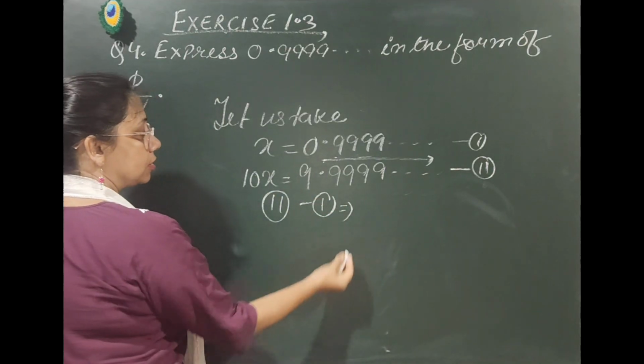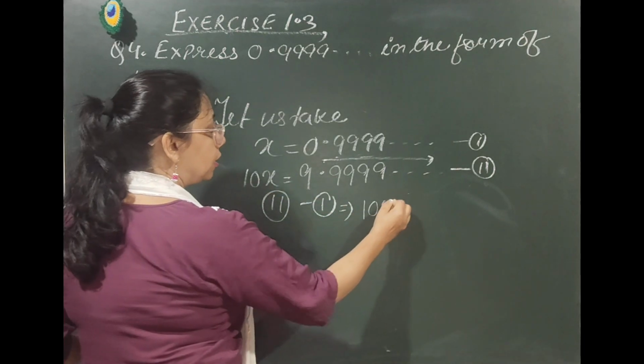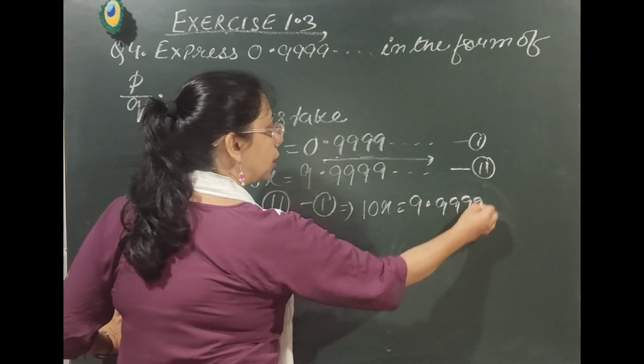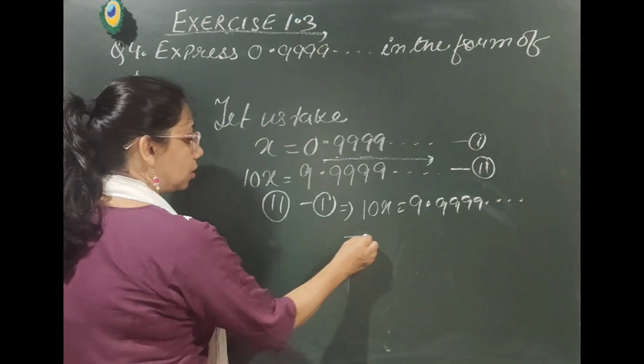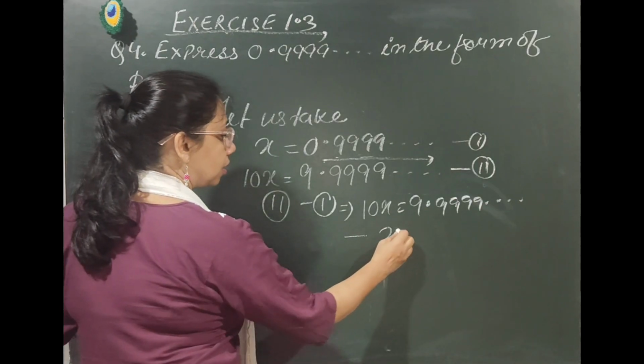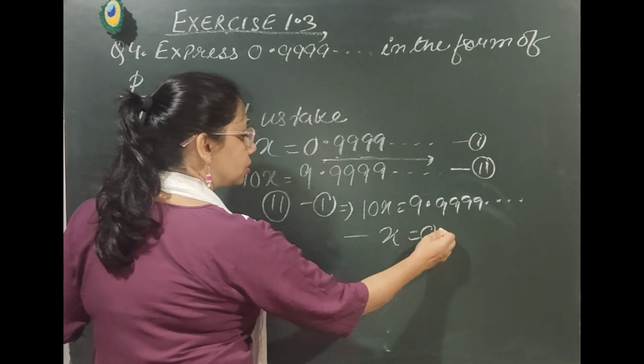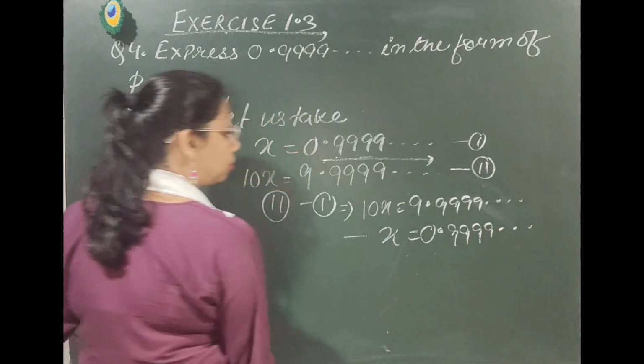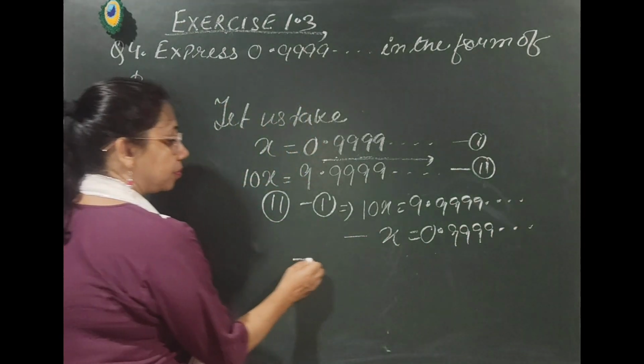So what do we get? We get 10x equals 9.9999... Subtract x equals 0.9999... from the above.